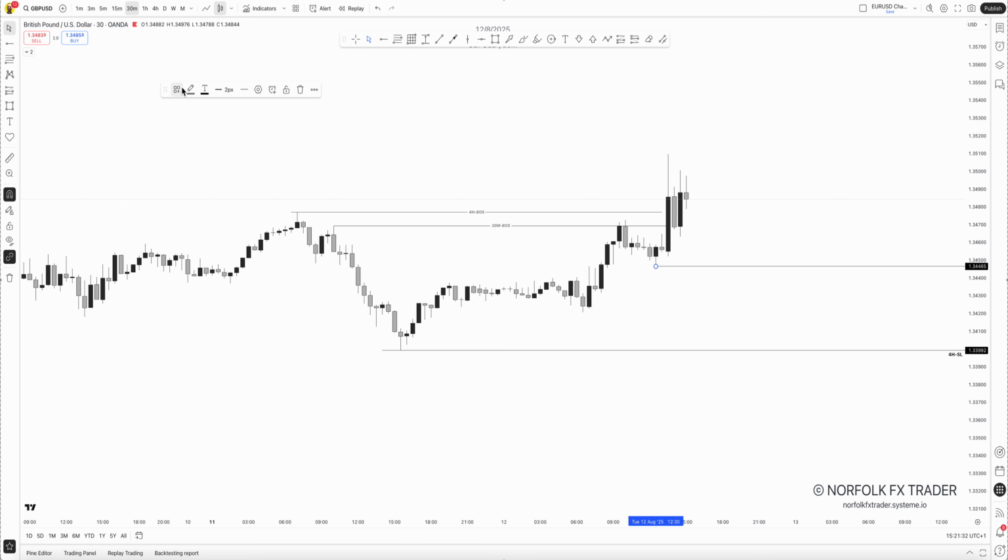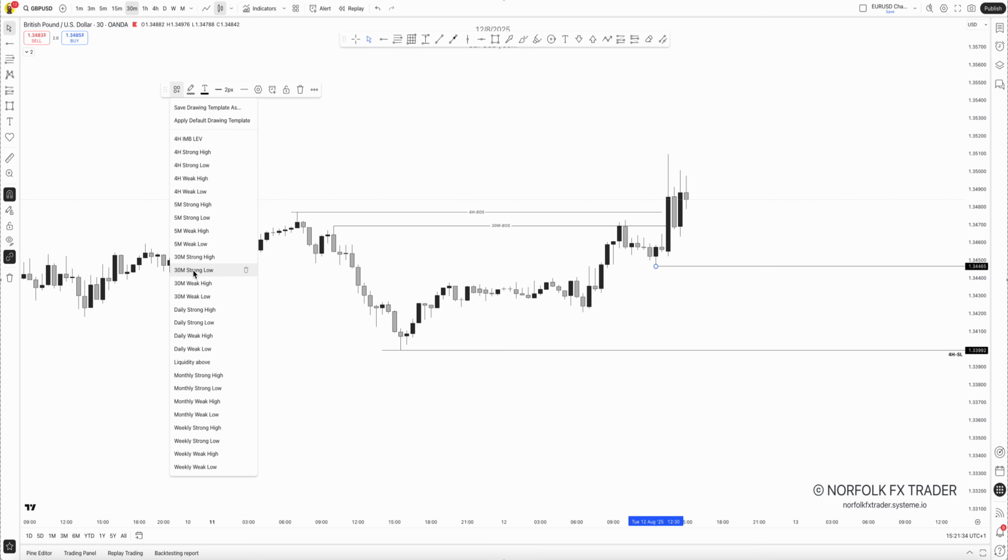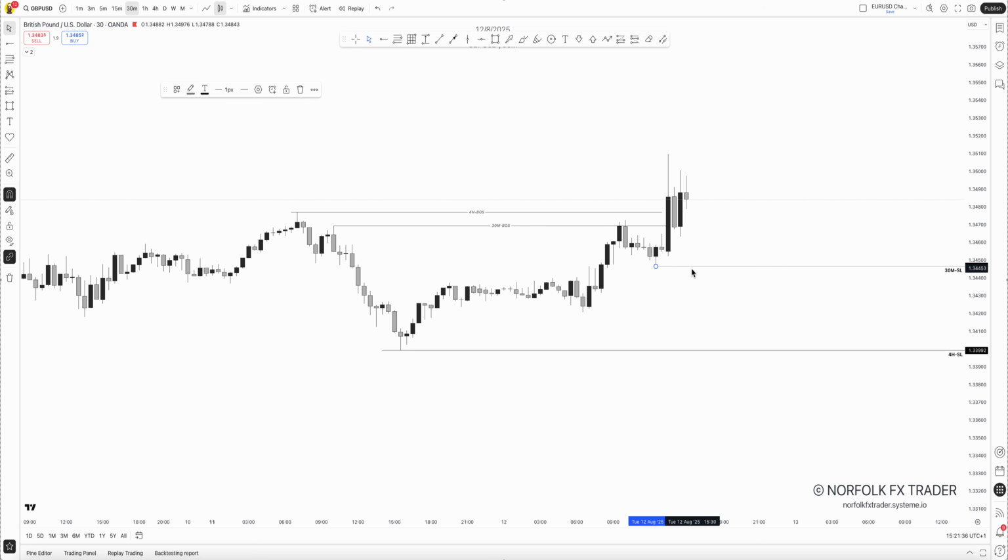So that's my current valid low. So unless price actually breaks and closes this level, then we're still bullish. We don't have a valid high yet, but what we do have here is this last area of potential demand. And that's right there where we can look to enter long.